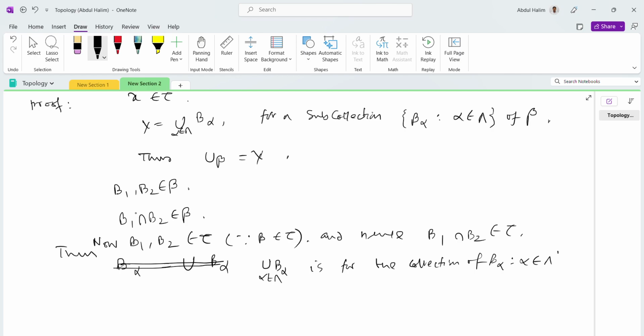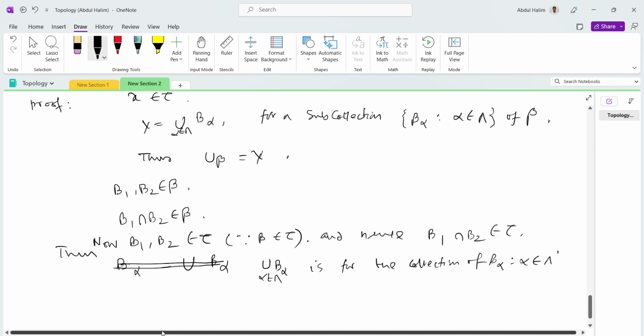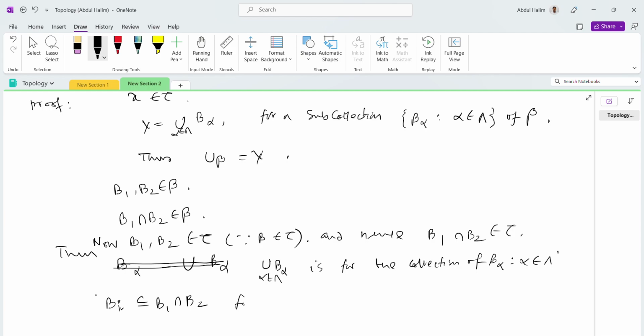We will give another subfamily. We will just write down B of alpha is equal to union of B of alpha. This is true.